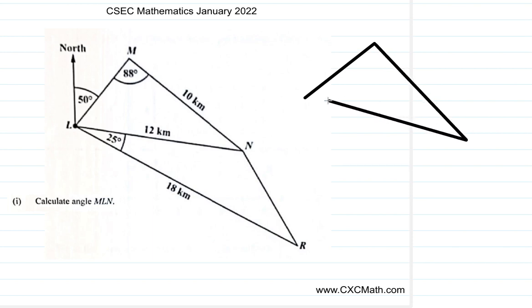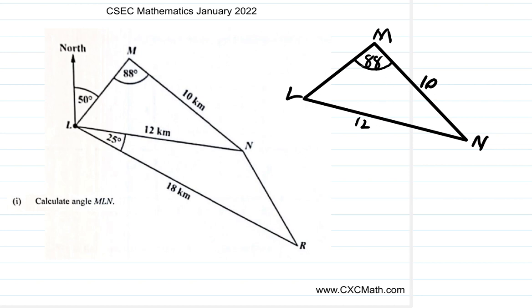So we have L here, M here, N. Angle 88. Okay, I took it to one side to take it out of the crowd of all of the other lines and angles. This is 12 kilometers. This is 10 kilometers.